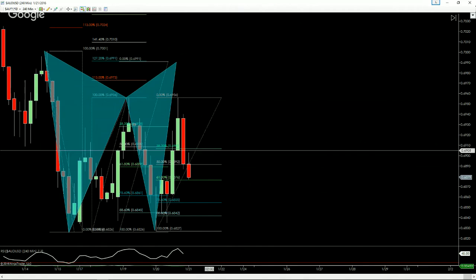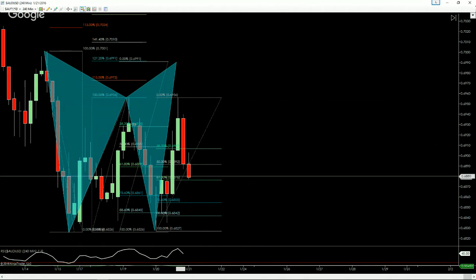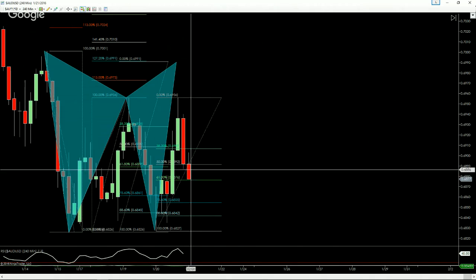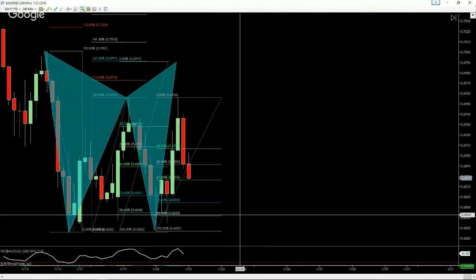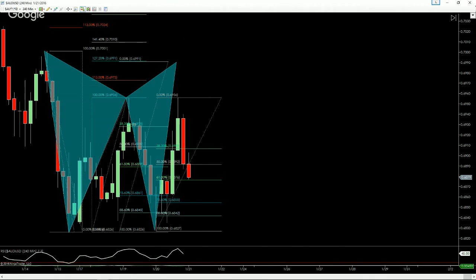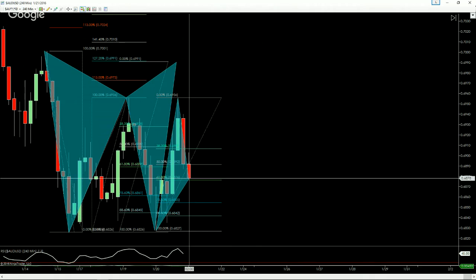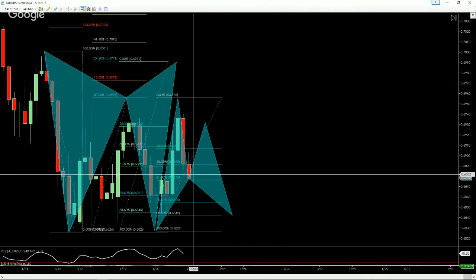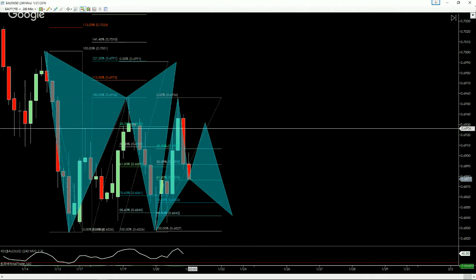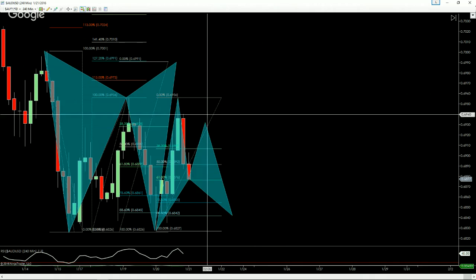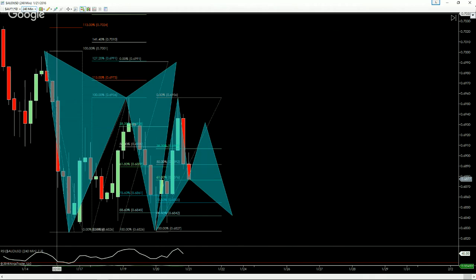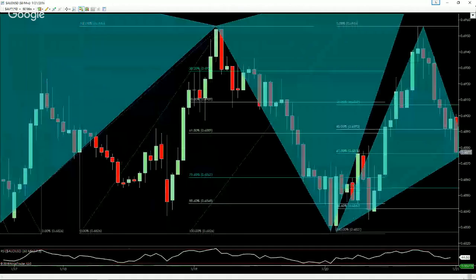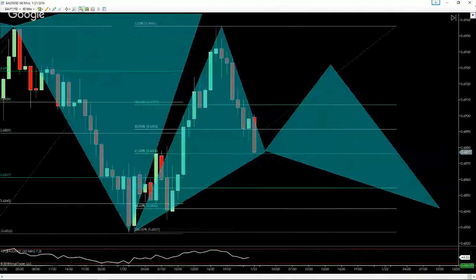If price comes back up to here after hitting that level, it could come down to complete a bat pattern here. Again, it's not printing any C leg yet, so that's something that could potentially happen, but not right now.